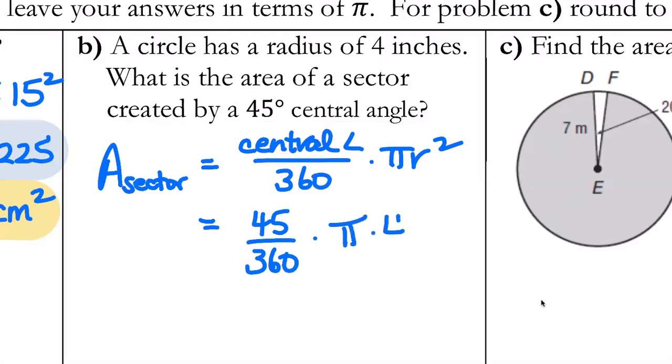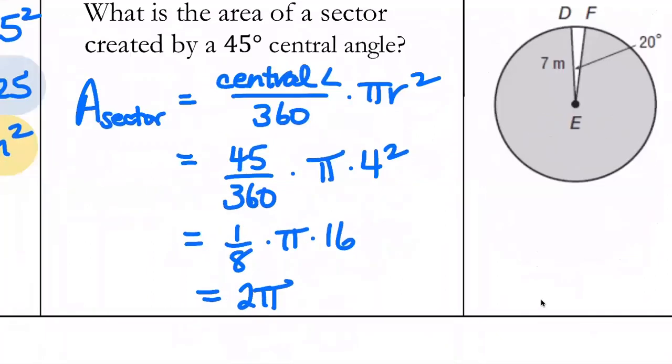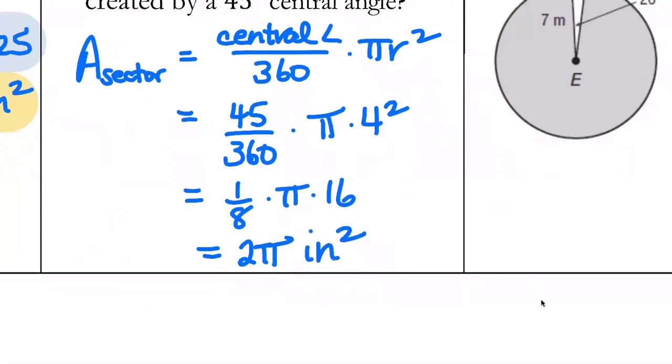The radius is 4, so pi times 4 squared. 45 out of 360 is 1/8, I think. And so that's 1/8 times pi times 16. So that would be 2 pi, and that's going to be in inches squared.